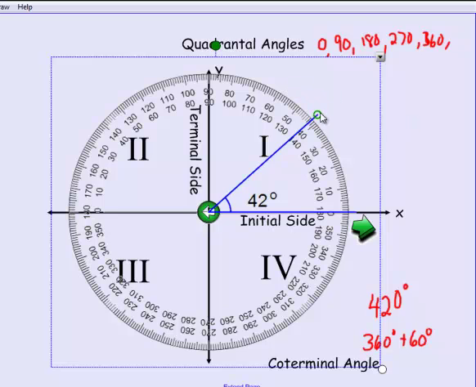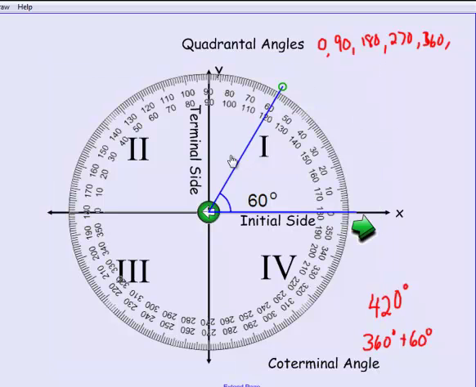Now, this protractor only shows me between 0 and 360, but I could call this angle 420 degrees. Oh, that's right. I could also call it 780 degrees.